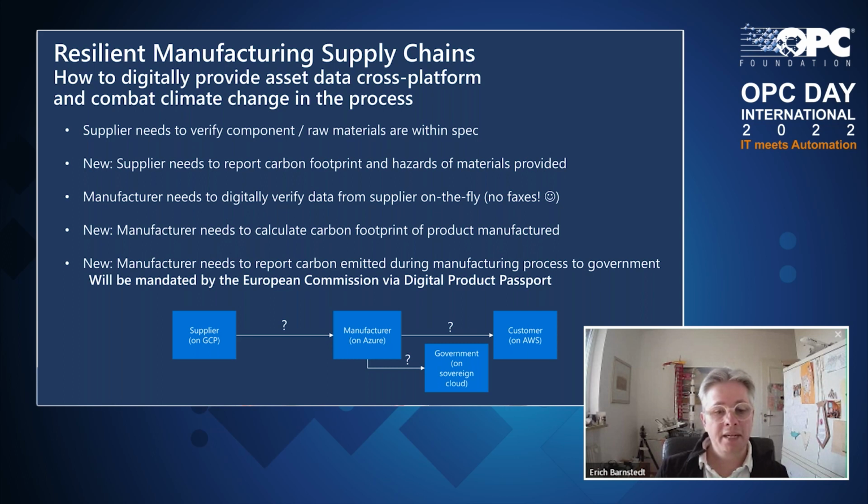This is mainly static data that needs to be communicated. The other problem is obviously not everybody's on Azure, although that would be great, right? So as you're moving from one supplier in the supply chain to the next, how do you exchange data if they're all on different cloud platforms, right? That is where the Asset Administration Shell comes in.